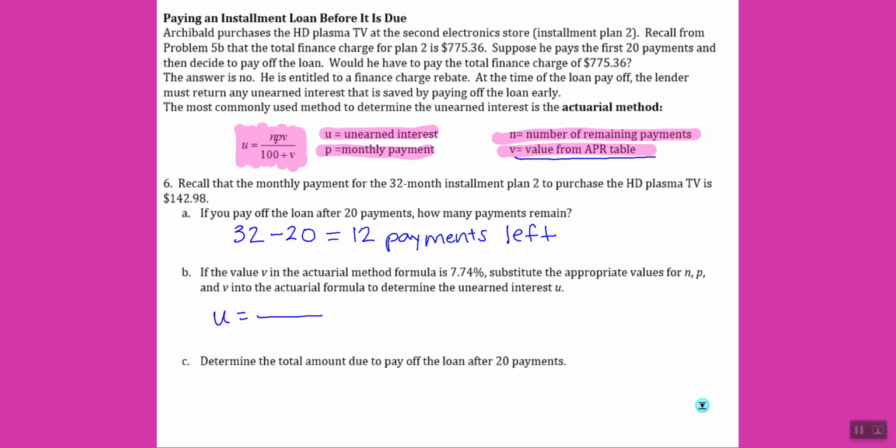So it's NPV over 100 plus V. So N is the number of remaining payments. We said that was 12. P is the monthly payment amount. So we're paying $142.98 in this plan times the V value, so 7.74, over 100 plus 7.74.